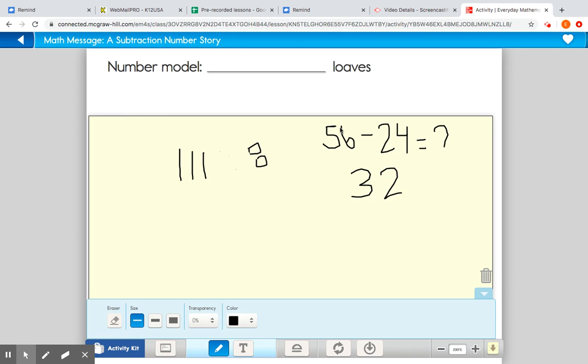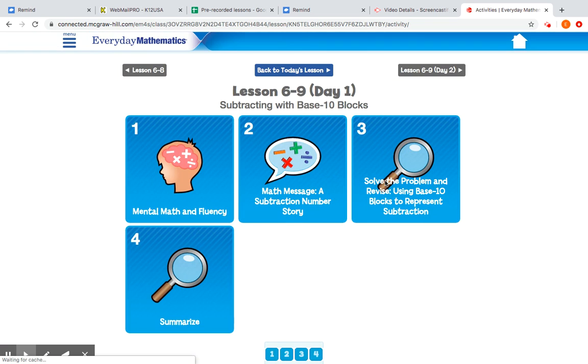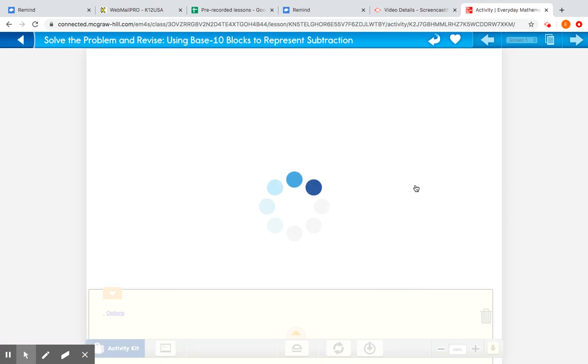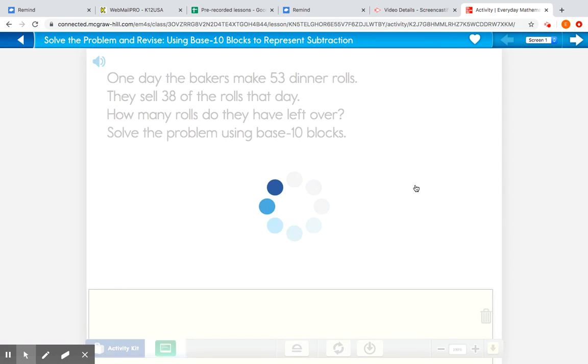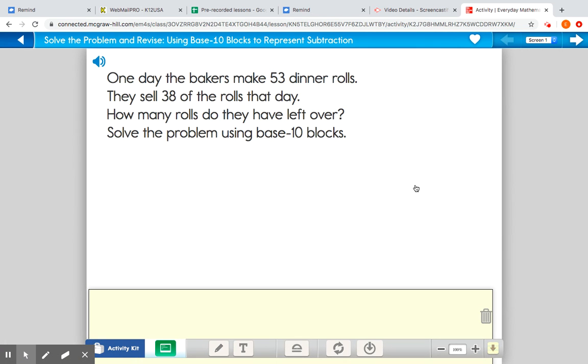So I know that 56 minus 24 equals 32. Now we're going to go back up here and go into solve the problem using your base 10 blocks. That one was easy because we had enough ones to solve. Now I'm going to show you a problem where you don't have enough.